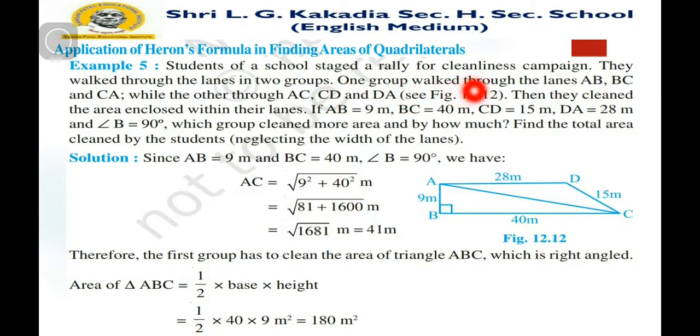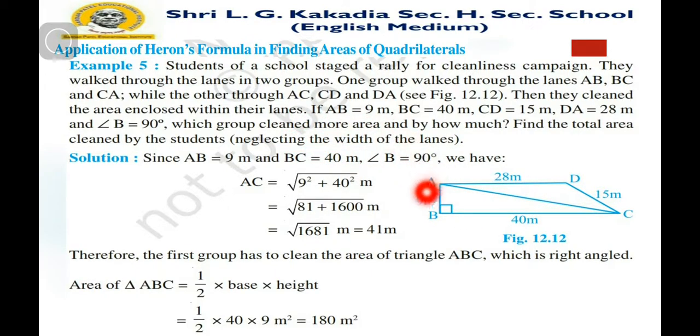One group walked along the lines AB, BC, and CA, while the other along AC, CD, and DA. Then they cleaned the area enclosed within their lines. Means whenever they walked, they cleaned the enclosed area.